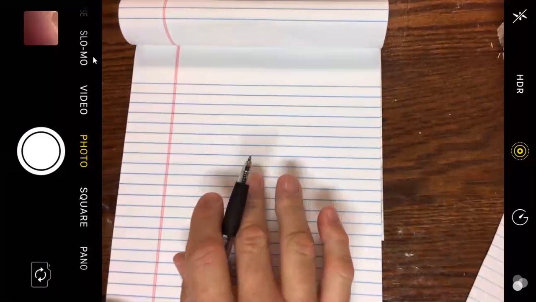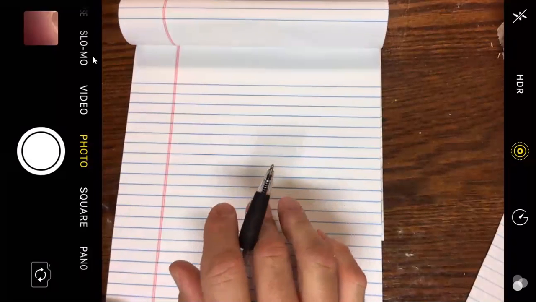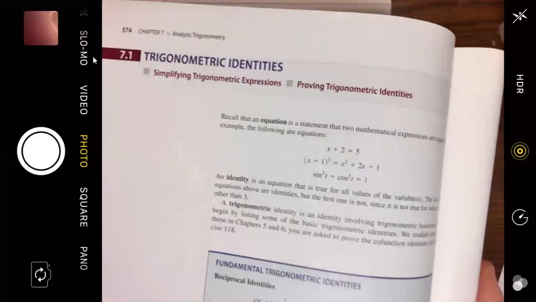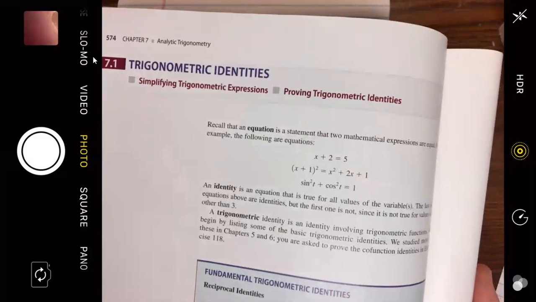All right, what is going on in section 7.1? It is called verifying trig identities: simplifying trig expressions and proving trigonometric identities.